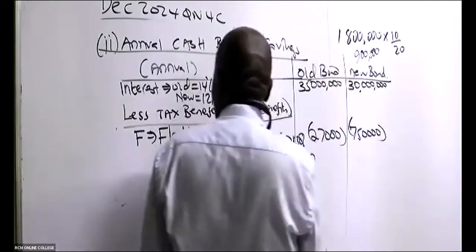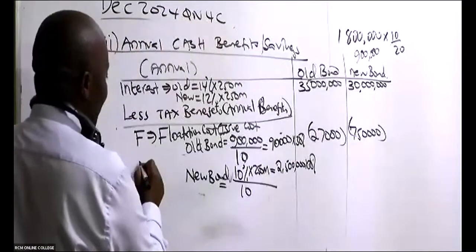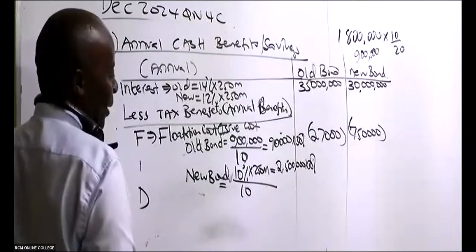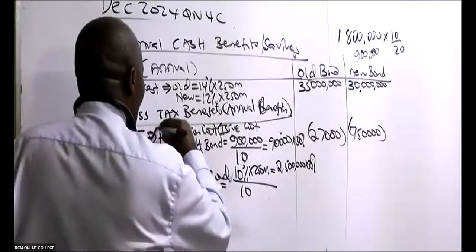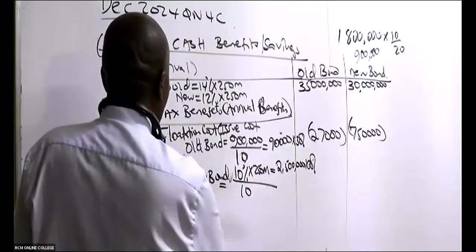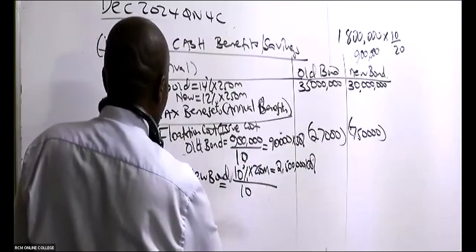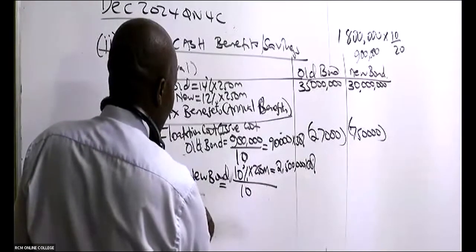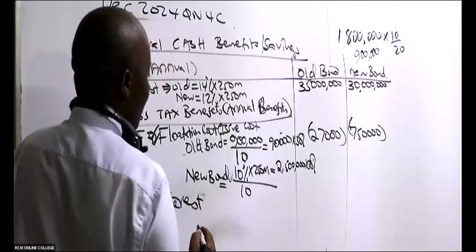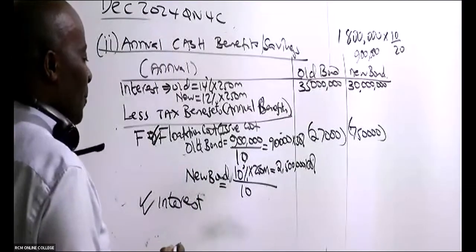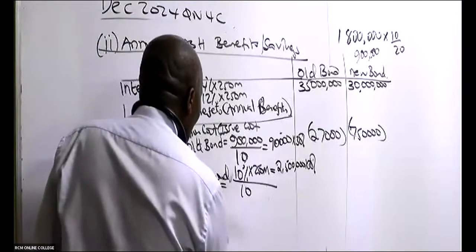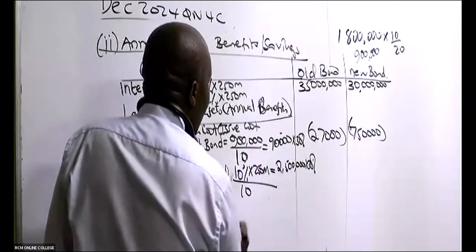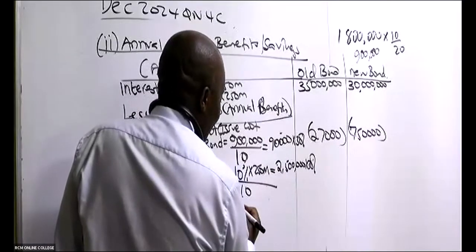Now, remember we said here we are using the concept of the tax benefit. So we have begun with flotation cost, and this is over. From there we go to the second one, which is interest. For the old bond, the interest is 35 million.